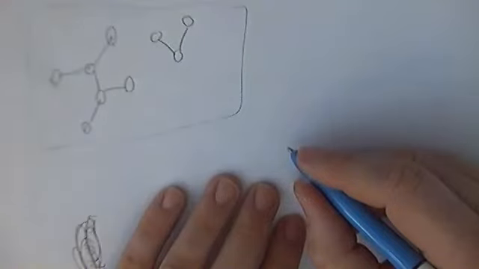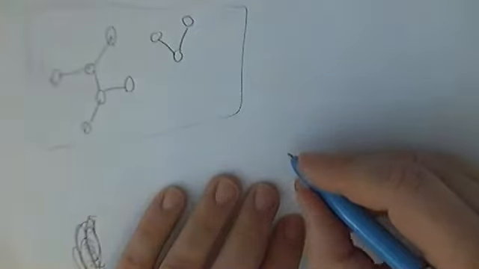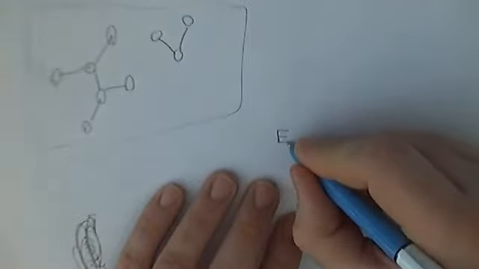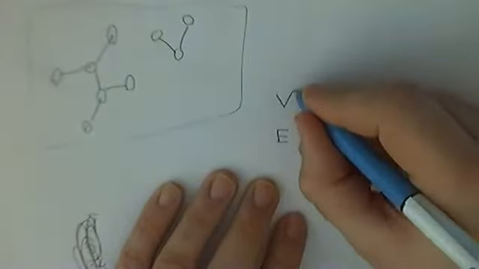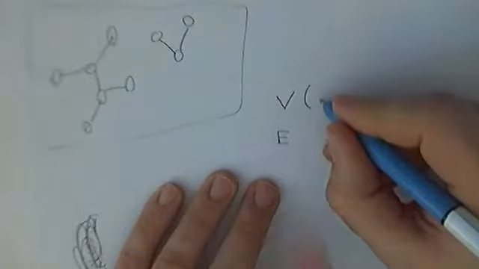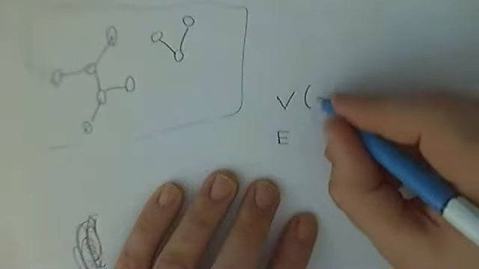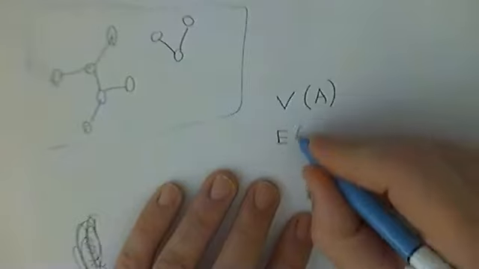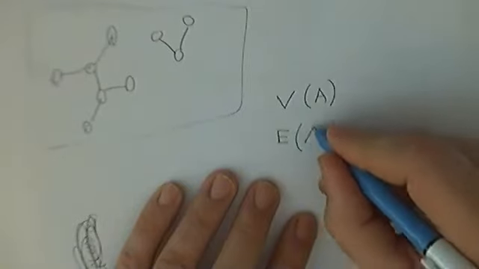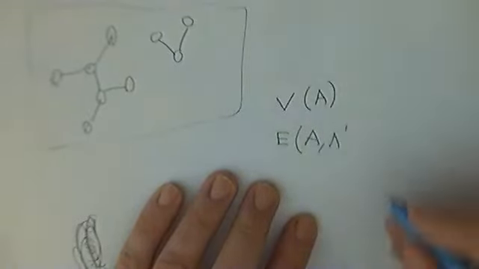How many tables do we need? Maybe one, called E. Let's do it by two. We say vertex, and that has an attribute A, and then we have edge, and that has A and A prime.